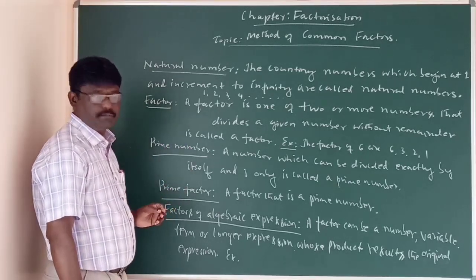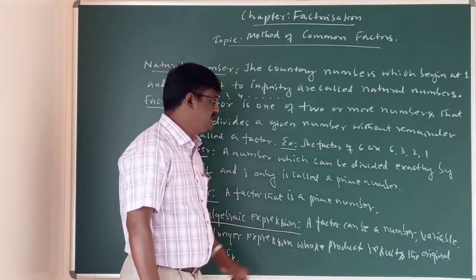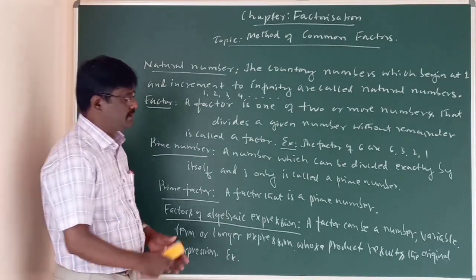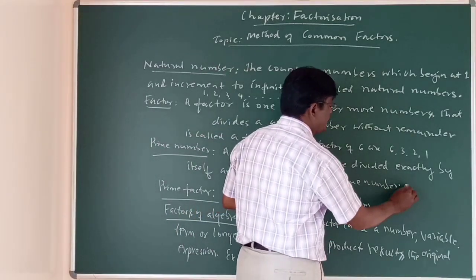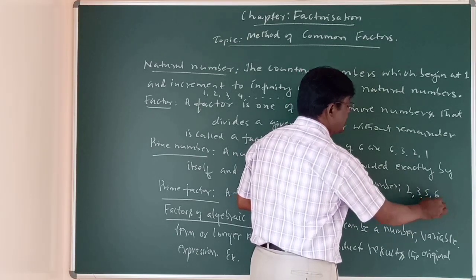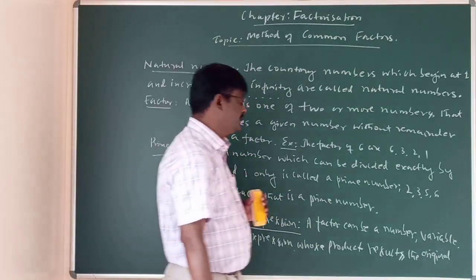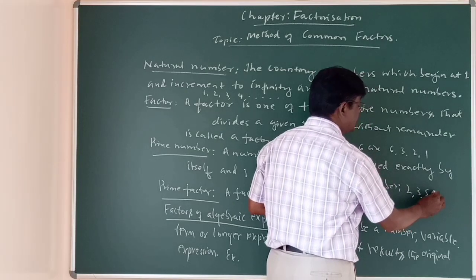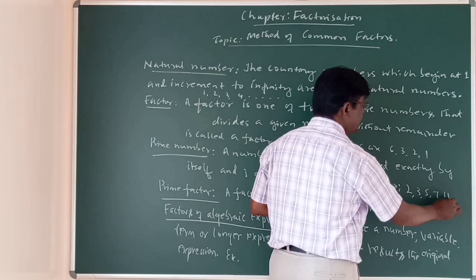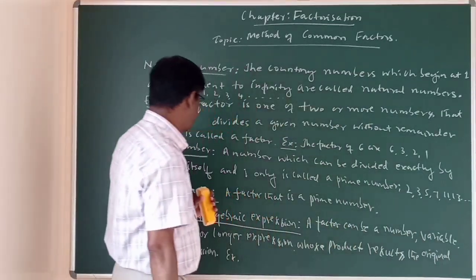Prime number, another familiar term to us. What is a prime number? A number which can be divided exactly by itself and one only is called a prime number. Which are those? 2, 3, 5. Can it be 6? No. 6 can be divisible by 2, even by 3, therefore no. Next comes 7, and then 8, no, 9, no, 10, no, 11, 12, no, 13, etc. These numbers are prime numbers.